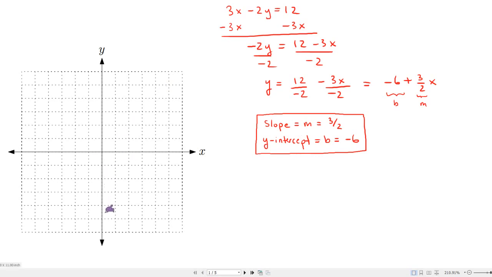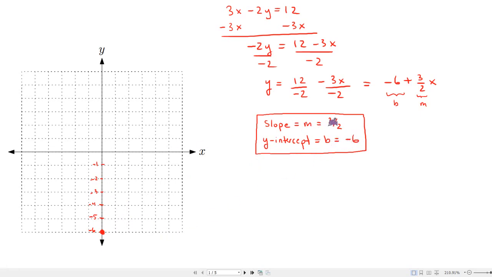If we index these by 1, then this would be negative 1, negative 2, negative 3, negative 4, negative 5, and then negative 6. The y-intercept is going to be down here, right? Where it hits the y-axis is at y is equal to negative 6.